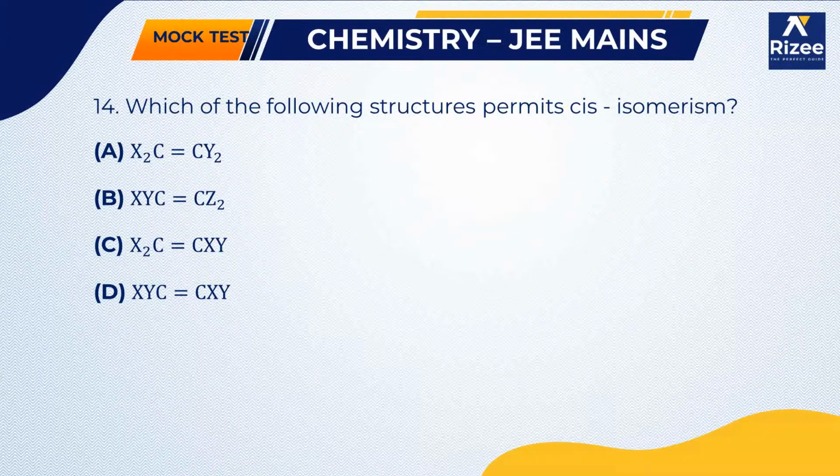Which of the following structures permits cis isomerism? Means he is asking which one can show geometrical isomerism.